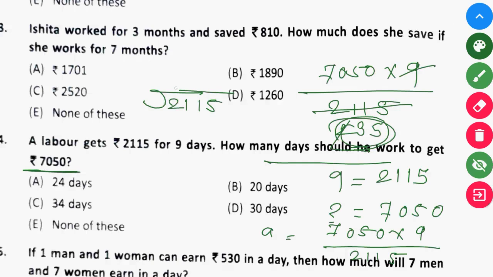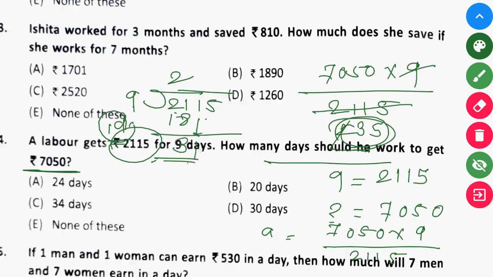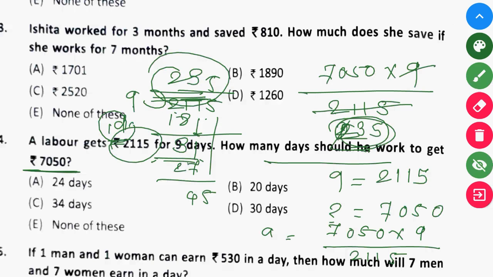I will do it here for your better understanding. 2115 is divided by 9 to get how many rupees a labor gets in 1 day. So 9 2s are 18, 3 will be the remainder, 1 will come down, 31 it becomes, 9 3s are 27, 4 will be the remainder, 5 will come down, 9 5s are 45. So 235 rupees he gets in one single day.